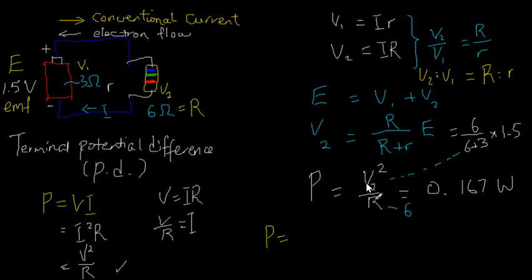The purpose of doing that is to have a formula that tells us directly how the power is related to the resistance. It's not so obvious here, because in this formula we see the resistance, but V2 actually also depends on the resistance big R. So to make it very obvious, let me put that into here. That would be R over R plus small r times the E there.